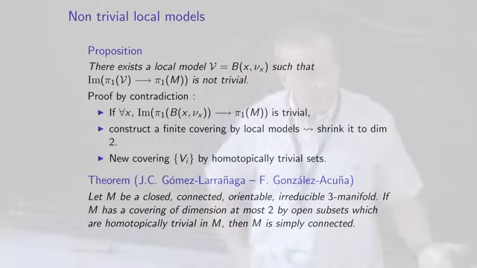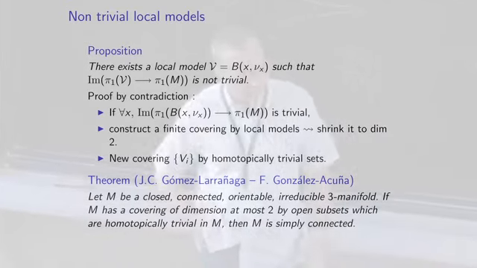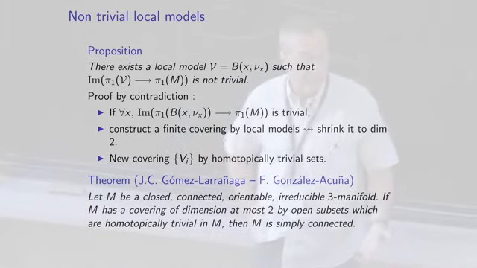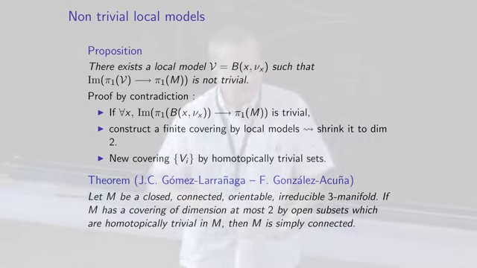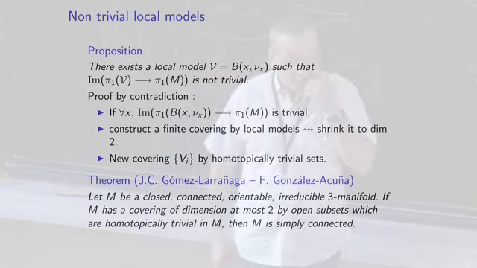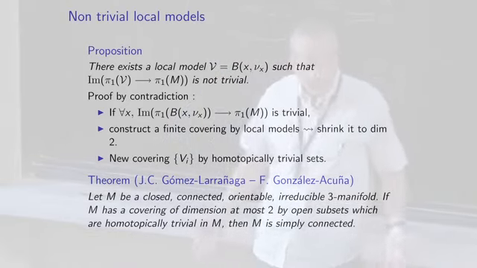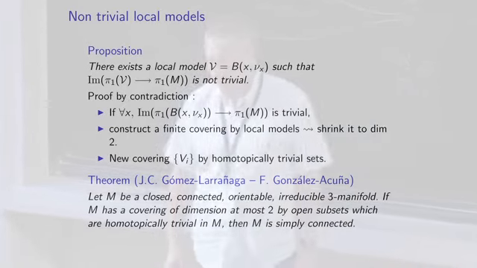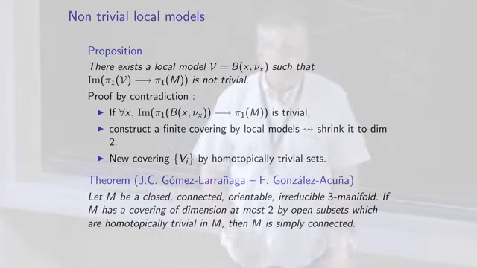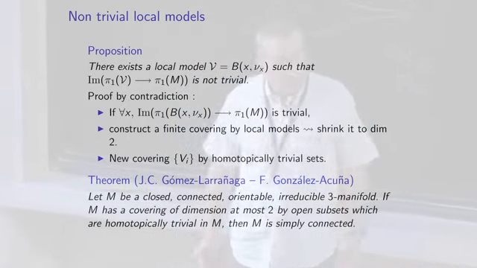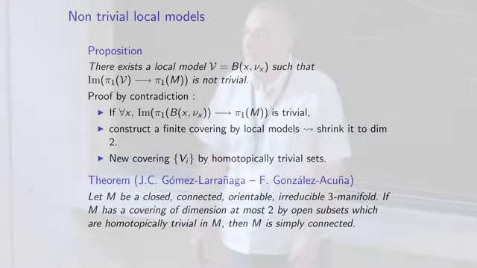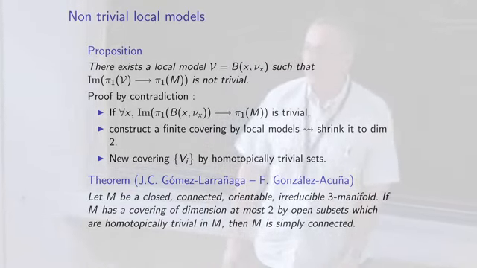So the theorem stated here: if a closed connected orientable irreducible three-manifold has a covering of dimension at most 2, so this is the dimension of the nerve, by open subsets which are homotopically trivial, then M has to be simply connected. So that's why we add the hypothesis: if the manifold is supposed to be not simply connected, then we are in good shape.